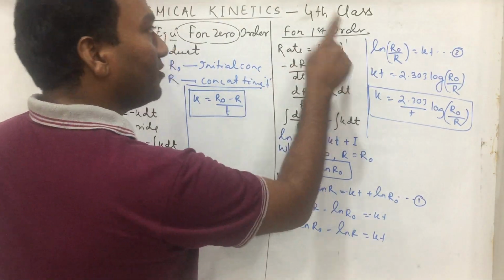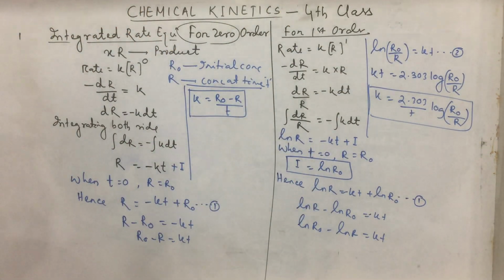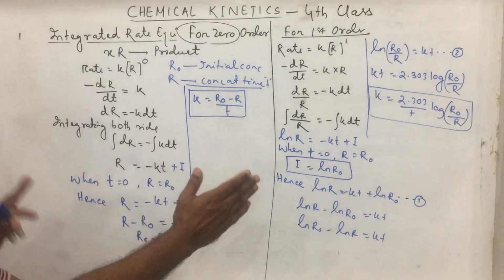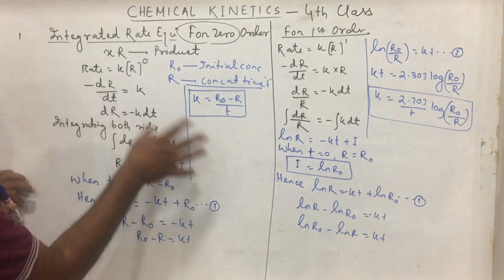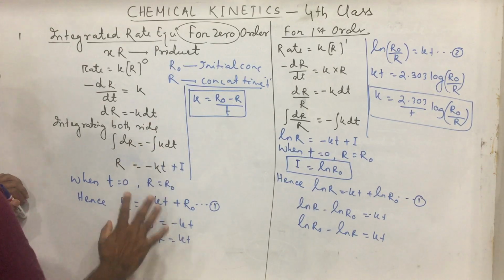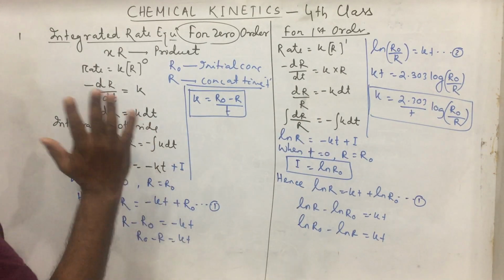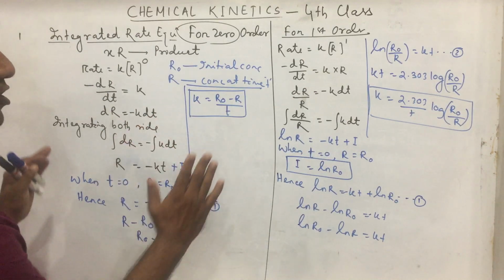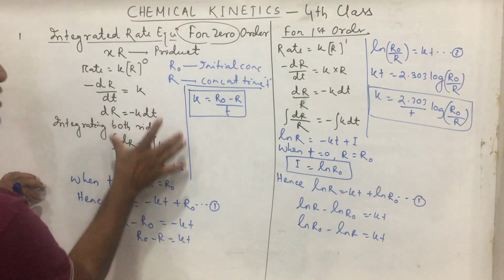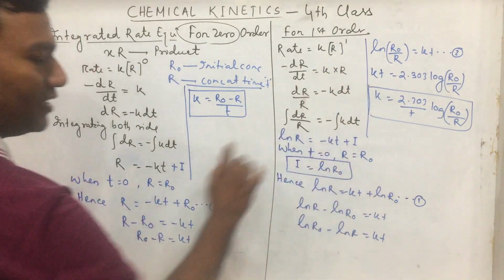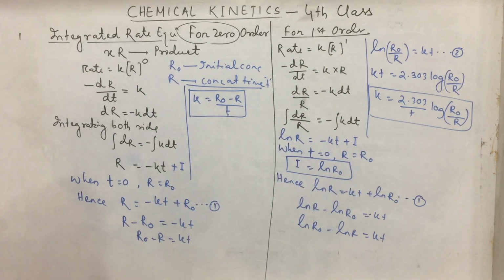Rate depends on concentration of the reactant. Clear now? So this is the integrated expression. The only difference is that in zero order ln is not there, but here ln is there. So this is the theoretical approach of zero order and first order, the mathematical expression.